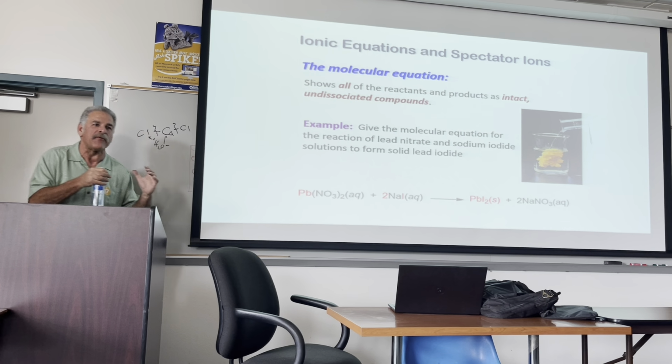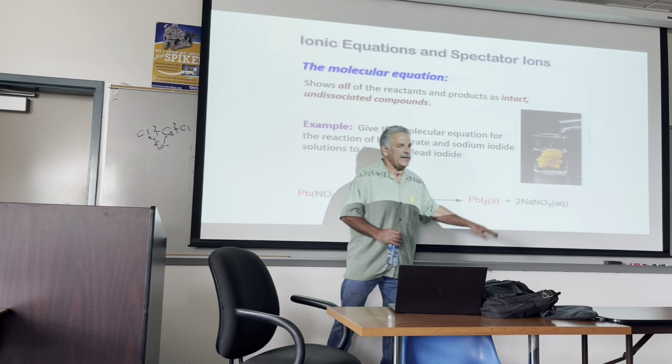The aqueous says they're dissolved, but the molecular equation does not. Example, give the molecular equation for the reaction of lead 2 nitrate and sodium iodide solutions to form solid lead 2 iodide. So we start with the nitrate, and we show them as the compound without dissociation, and we indicate the state of the precipitate.